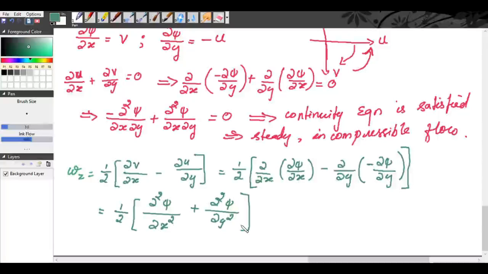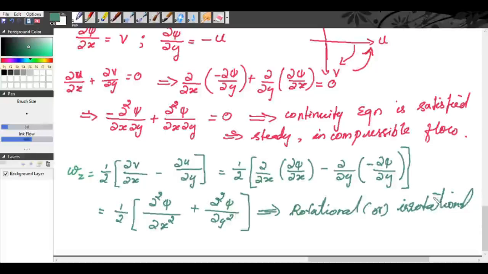Okay, so what happens is, see here it is not equal to 0, right? So from this, what we can conclude is the flow can be rotational or irrotational, because it is not equal to 0.